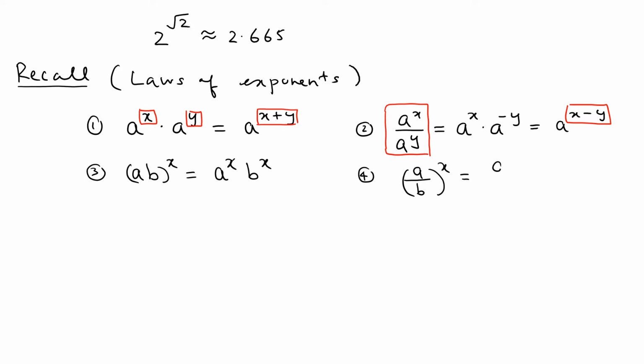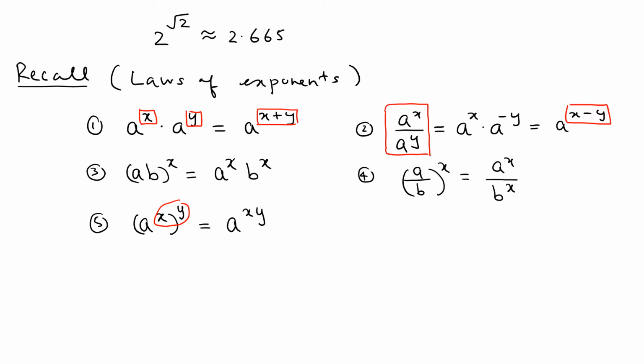So a to the x over b to the x. And then number 5, we have a to the x, to the y. So it's a power of a power. When you have two powers like that, you're going to multiply the two powers. So we can write this one as a to the xy.